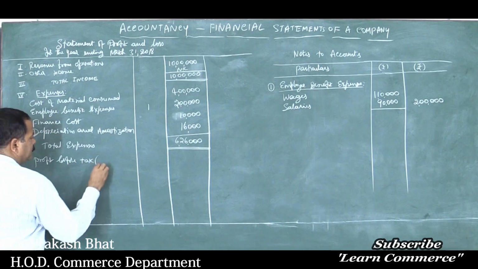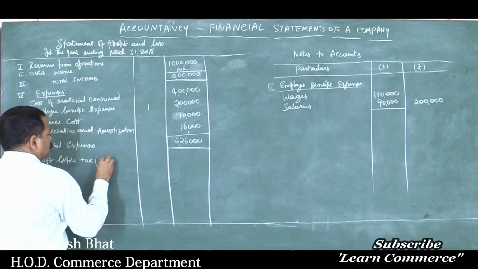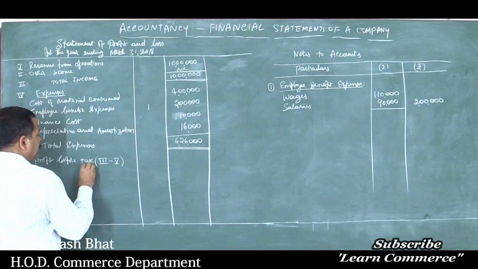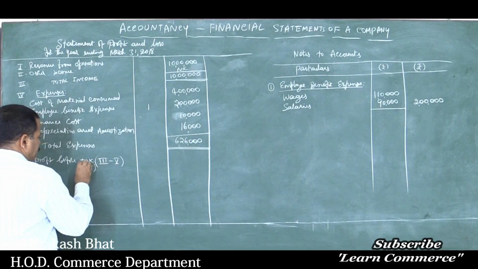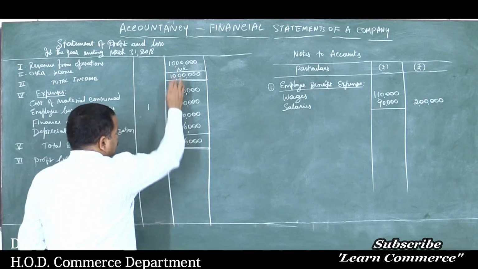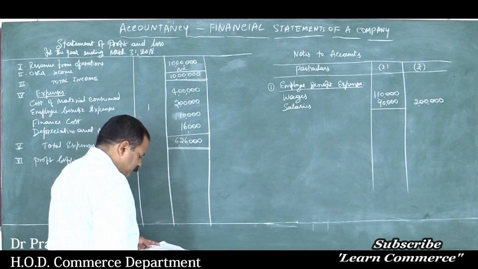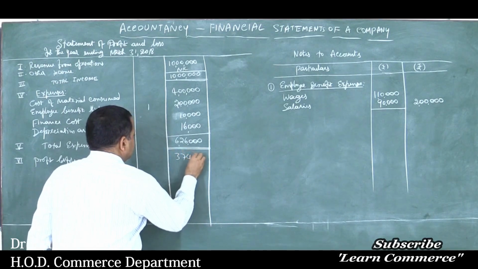That is Roman number 3 minus 5, which is called PBT, profit before tax. Write the difference. This minus this, you will have 3,74,000.